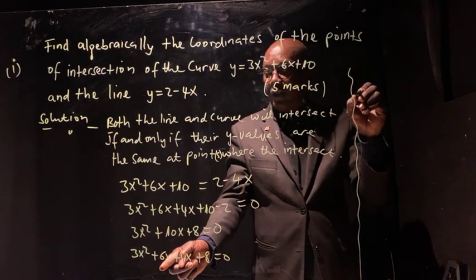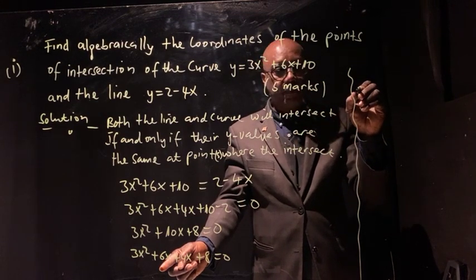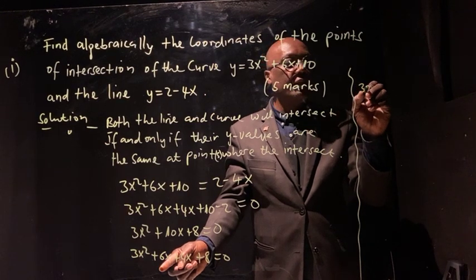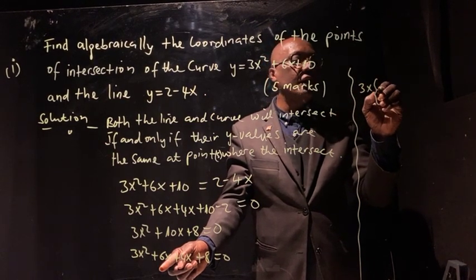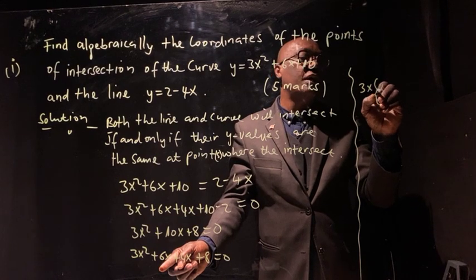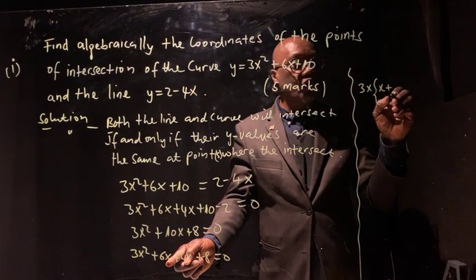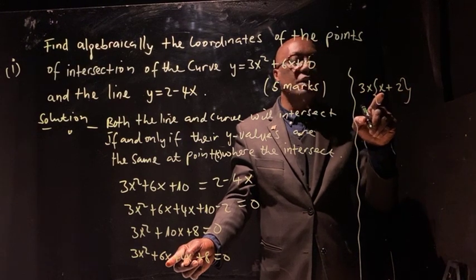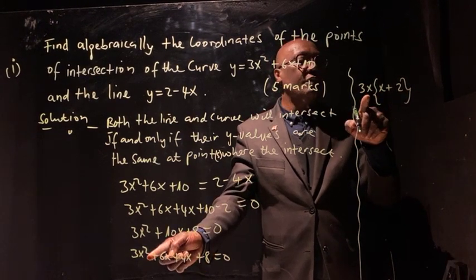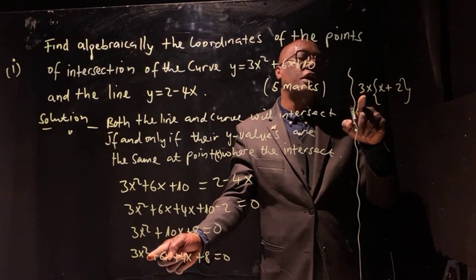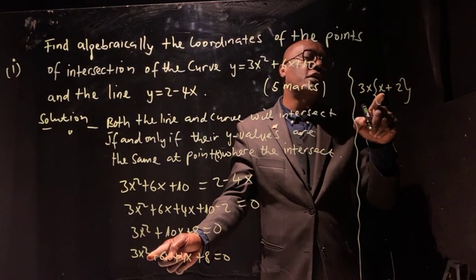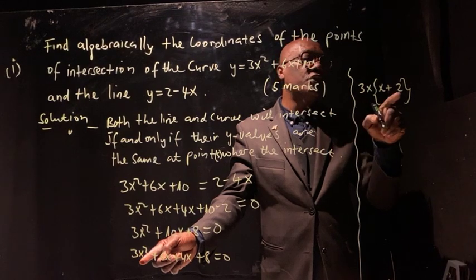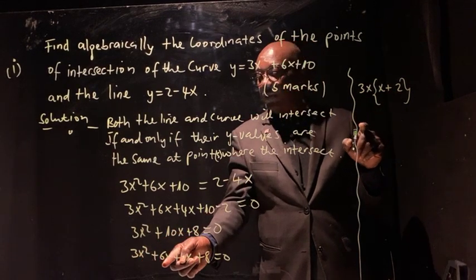So we can see that if we factorize this one out, we have x plus 2, meaning 3x multiplied to x is 3x squared, which is this one. 3x multiplied to 6 is 6x, which is this one.